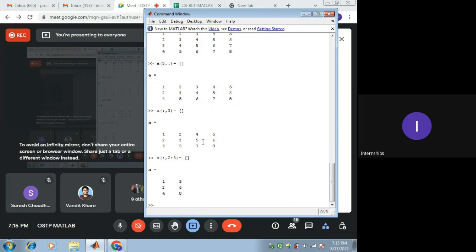Now the addition and subtraction process are the same as for vectors. If A is equal to 1, 2, 3; 4, 5, 6; 7, 8, 9, this is the A matrix.